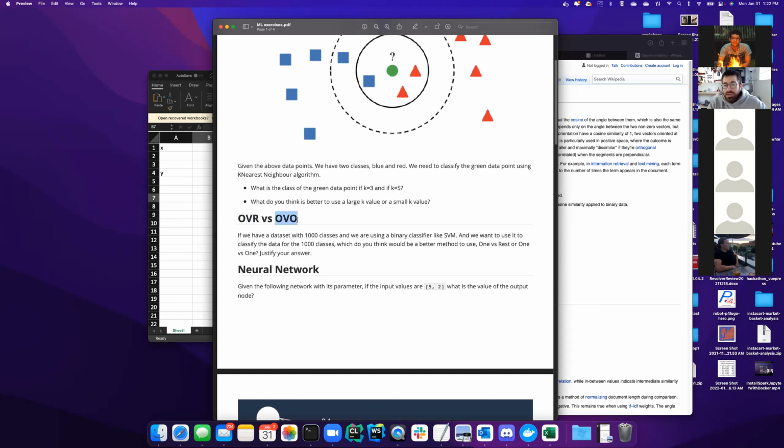So when you're looking at 1 versus 1, we're saying for every distinct 2 classes, we're going to create a classifier, which means that the number of classifiers is the combination of classes. So it's k times k minus 1 over 2. In that case, if we have 1,000 classes, that will result in around 500,000 classifiers.